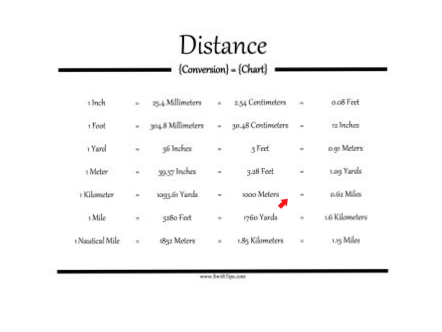Kilometer, yards, meters, miles. 1 mile is 5,280 feet. The yards in 1.6 kilometers is equal to 1 mile. 1 nautical mile is different, we would use the measurement of meters, kilometers, and miles.